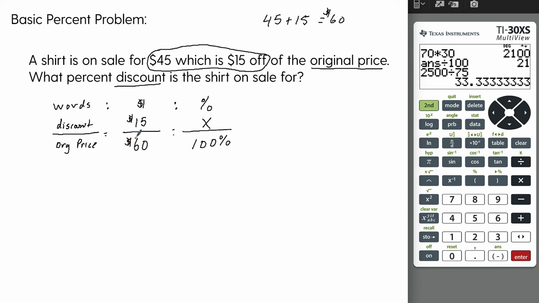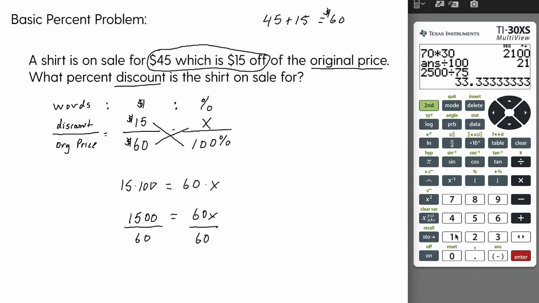Now we can cross multiply and divide. So we'll do 15 times 100 equals 60 times x, which just becomes 60x. And 15 times 100, put in a calculator if you need to, or any number times 100, you just add 2 zeros to it. So 1500. We've cross multiplied, now we divide by the number that's attached to the x.